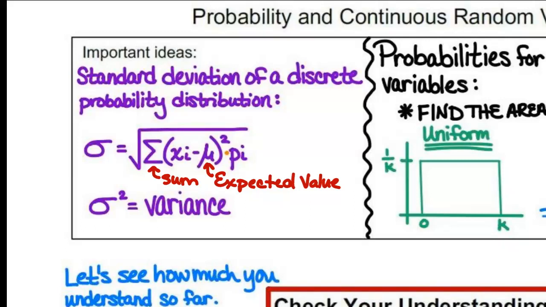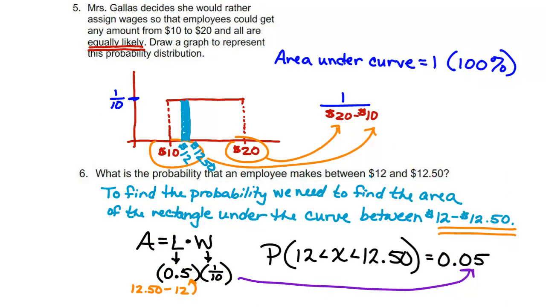That's what we mean when we talk about a discrete random variable. It can only take on certain values. In this case, it could only take on the values that I had written down on those cards ahead of time. For a continuous random variable, it can take on any value in between there. So when we looked at that uniform density function on the other side, talking about being able to make between 12 and 12.50, this is a continuous random variable here.